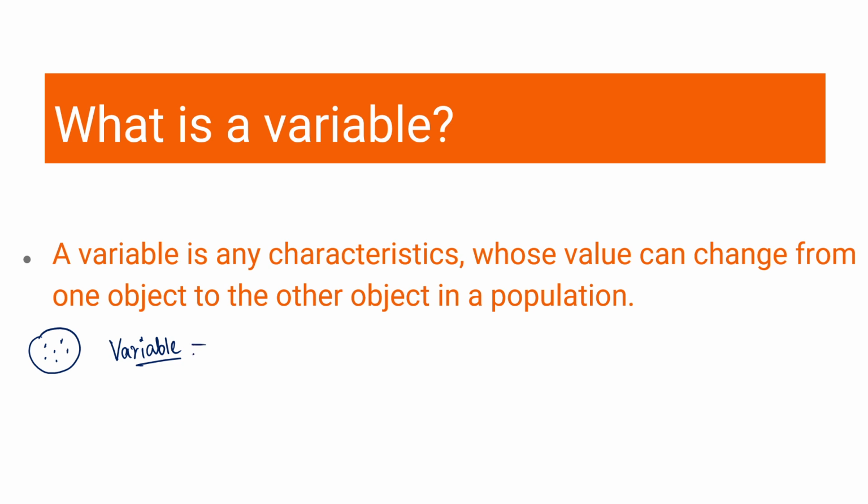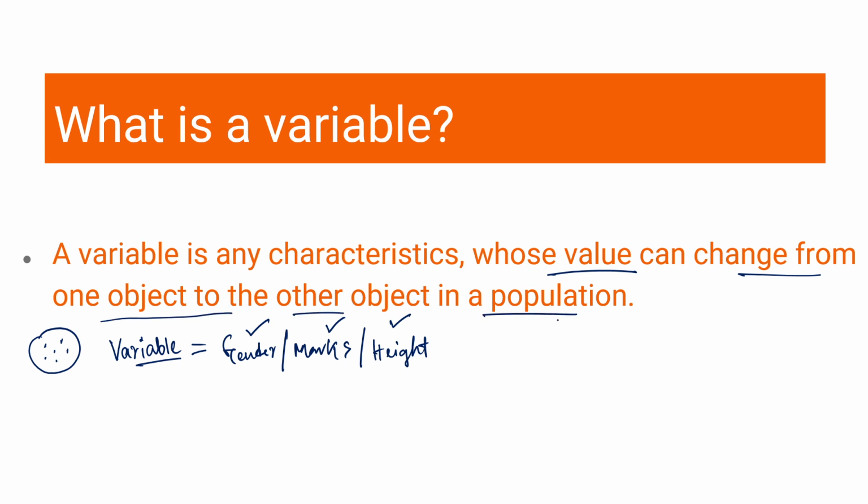It can be the gender, the marks of the students, the height of the students, it can be anything. So these are individual characters, and a variable is nothing but these characteristics, whose value can change from one object to the other object in a population.